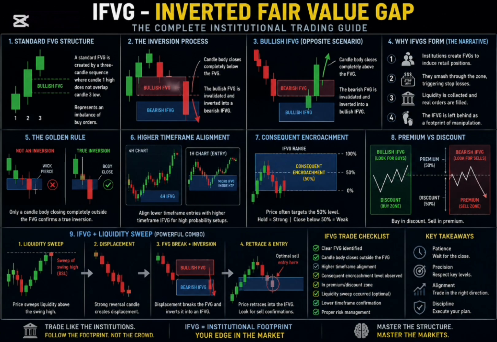If price retraces to the 50% level and holds with strong wicks, it is a perfect confirmation. However, if a candle body closes past the 50% level, the inverse fair value gap is starting to weaken.